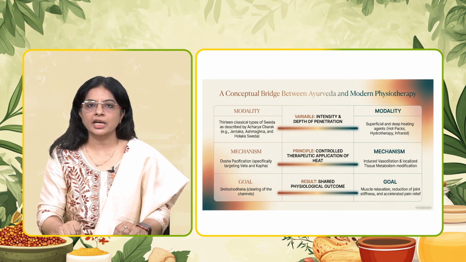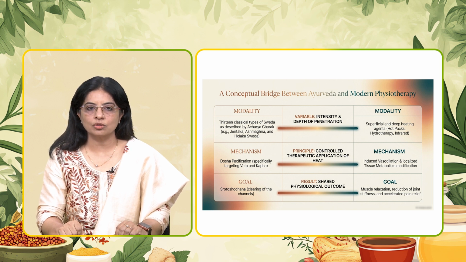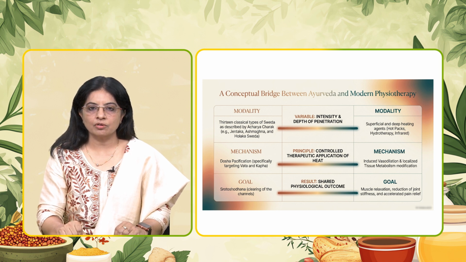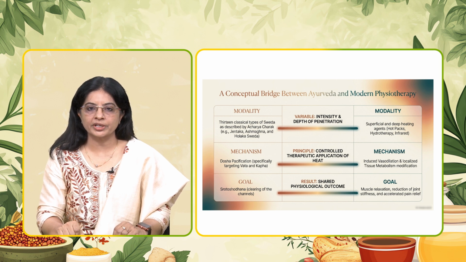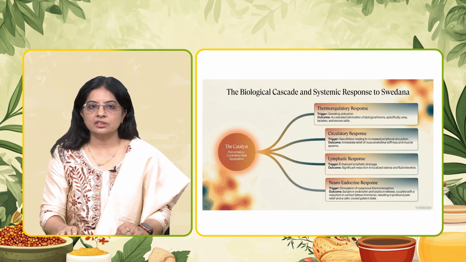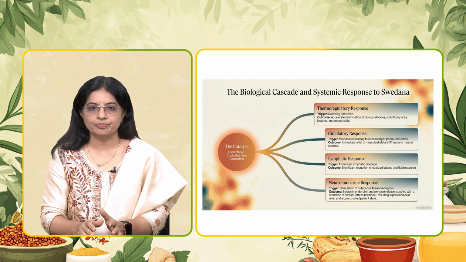Depending on the type of heat applied, the effect may act mainly on the skin or may reach deeper at the tissue and muscle level. The therapeutic outcome is similar. Heat increases local circulation, improves tissue metabolism, reduces stiffness and pain, and causes relaxation of the muscles.